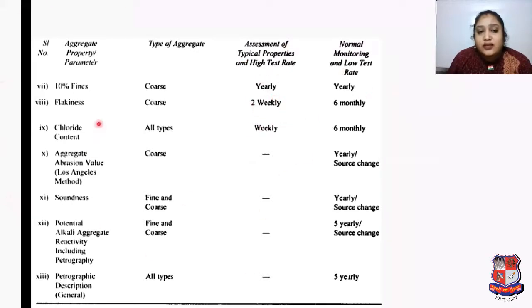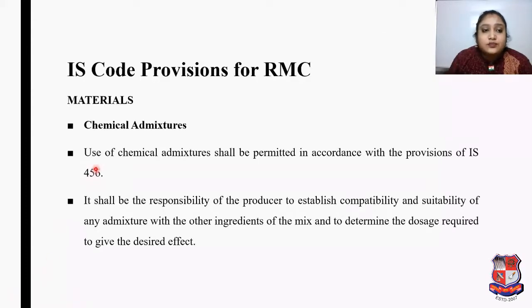So based on the table, we can see the frequency of different tests for different property and for different types of aggregate.